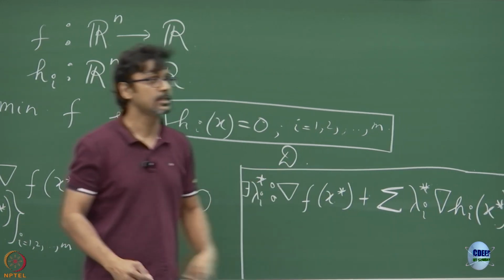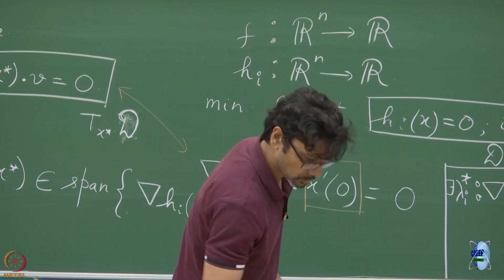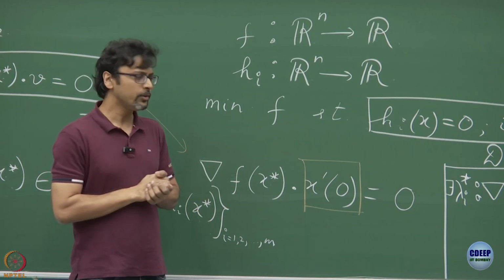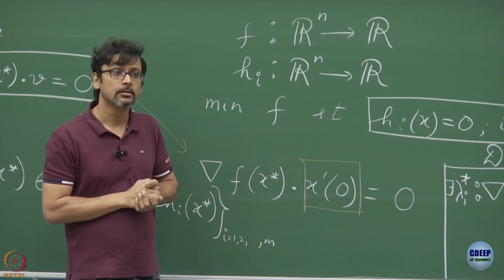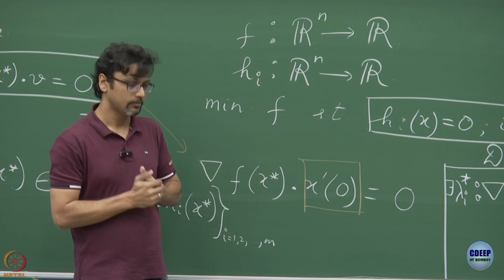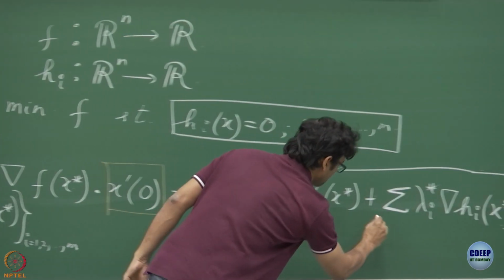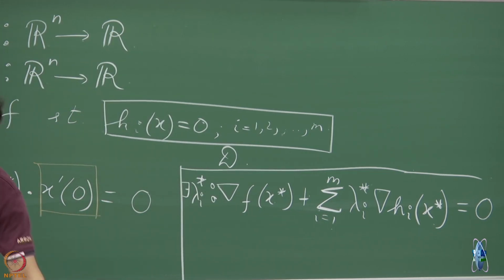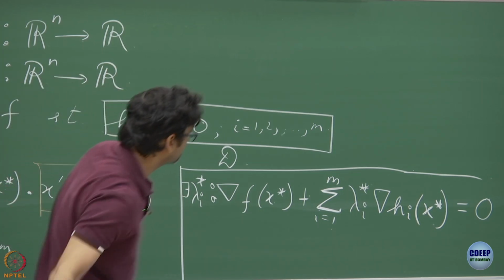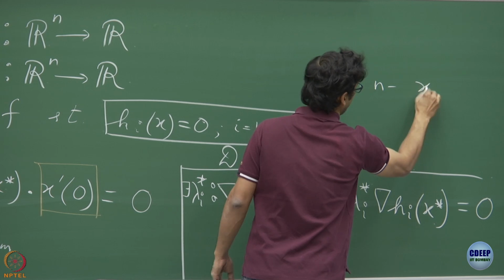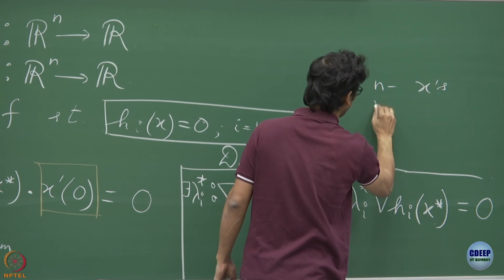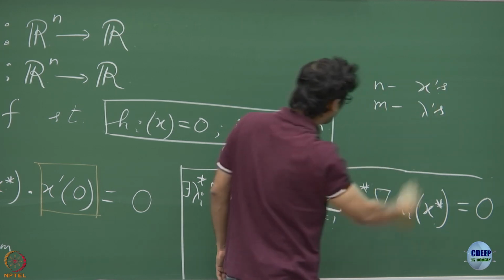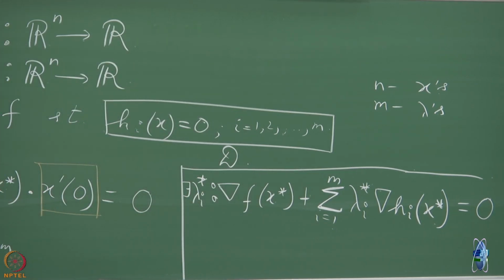Now why is this interesting? If you think of this, how many lambdas are there? M of those lambdas. How many tuples are there in the x? N, right? So you can think of this as an expression that contains n x's, very loosely speaking, and m lambdas, right?